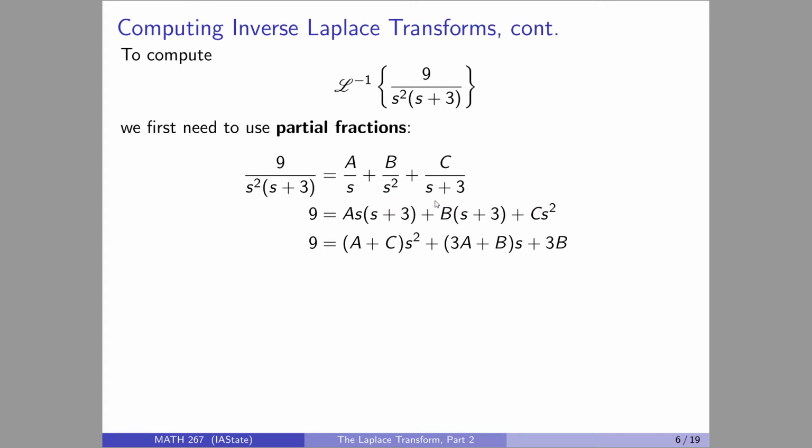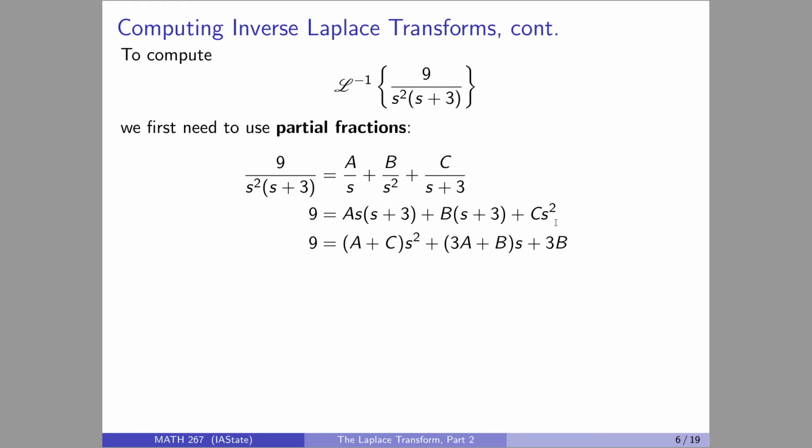The method that I am partial to is multiplying everything out and then matching the coefficients. On the right-hand side, we have a polynomial in s, so the coefficients all have to line up. Not too bad.